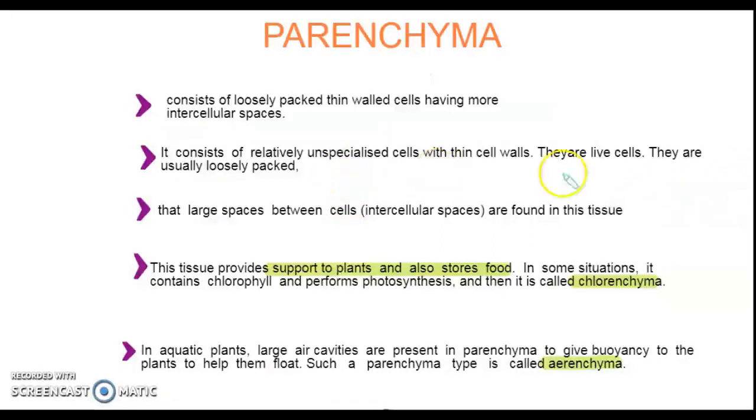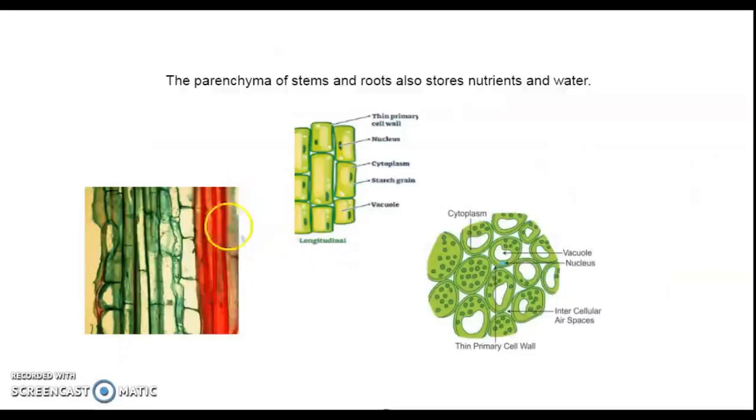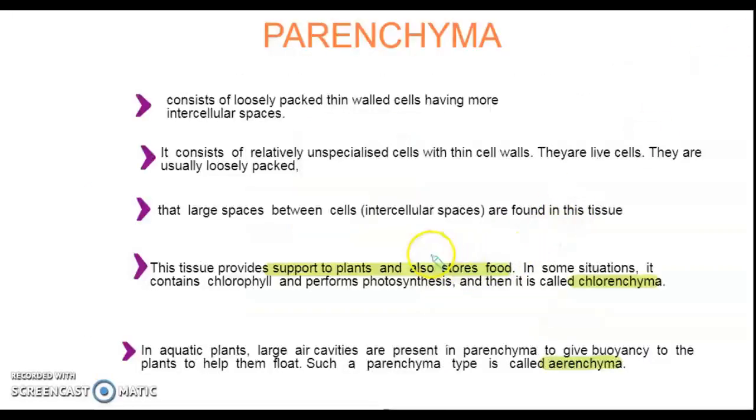So, the parenchyma cell, as you can observe here, there are gaps in between the cell. So, these are having greater intercellular space, means between the cell there is space. They are mainly used for supporting plant and also for storing food.